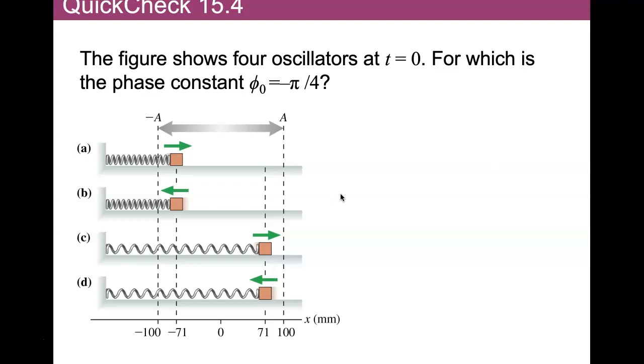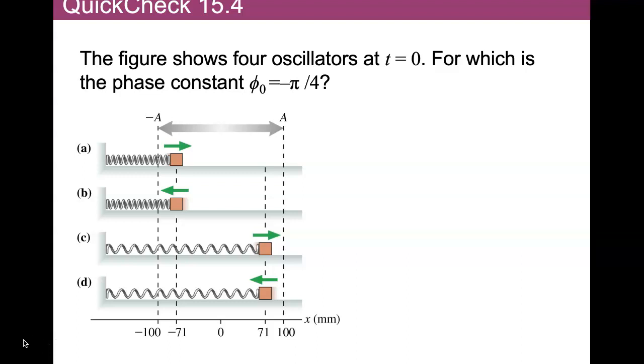The question is, for which one is the phase constant minus pi over 4. Sorry, this minus is kind of attached to the equal sign, but yeah, so phi naught is minus pi over 4. Okay, so again, take a few seconds. I think it's helpful to draw the circle and try to decide which one is correct.